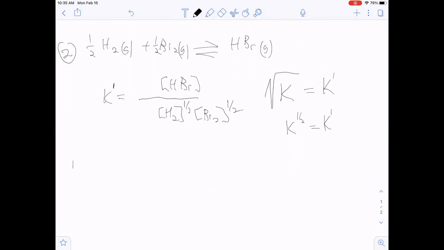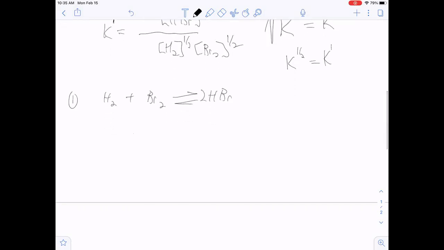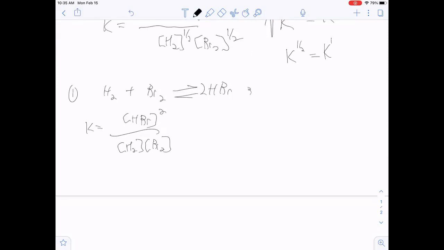How about, I'm going to rewrite reaction 1 so we can see it. How about this, reaction 3? Now my reaction is doubled.